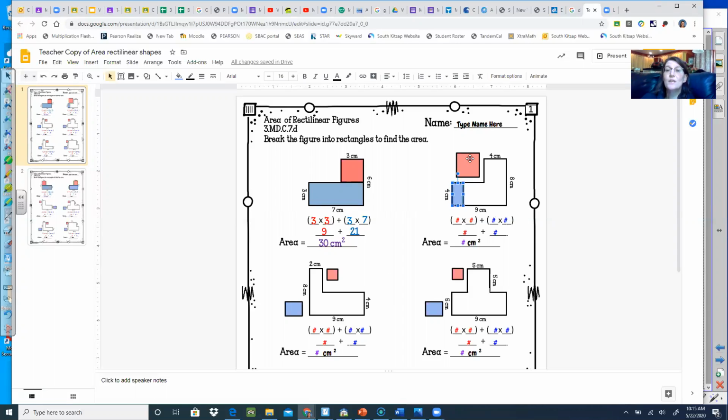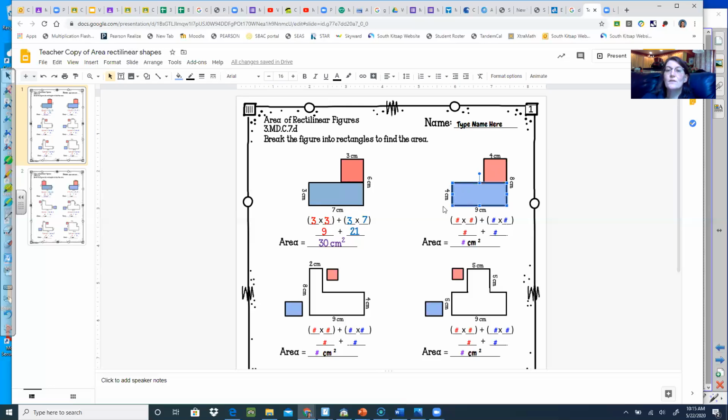So for this particular one right here, you're going to make a square up at the top, and then we're going to make a rectangle for the bottom. So we notice this is 4 centimeters. This whole thing here is 8.